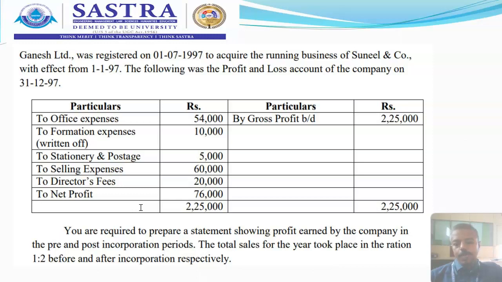If it is 1:1, we can say the first 1/2 for pre-incorporation and the next 1/2 for post-incorporation. Hence, the 54,000 is apportioned to 27,000 and then another 27,000.